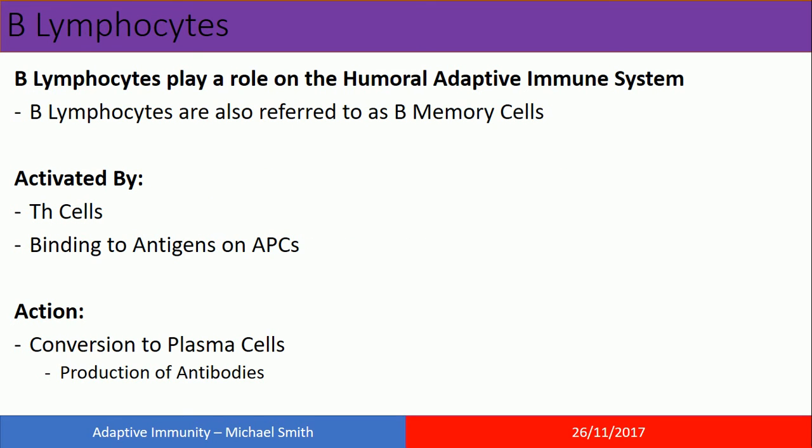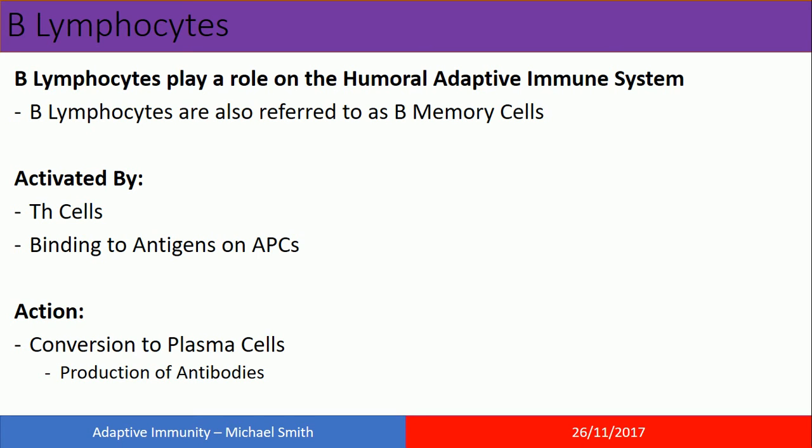So our B cells are part of our humoral adaptive immune system. And they can become activated through two different methods: they can either be recruited by our T helper cells, or they themselves can bind specifically to the antigen on the antigen presenting cell.